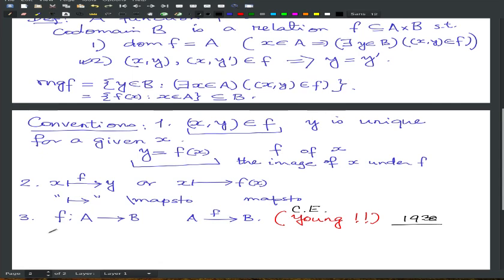I would just invite you, just for today, to go back, and each time I have used this symbol, replace it by this big definition of the function.